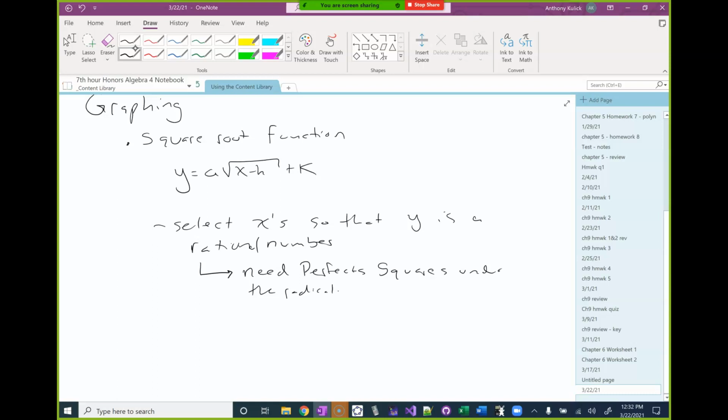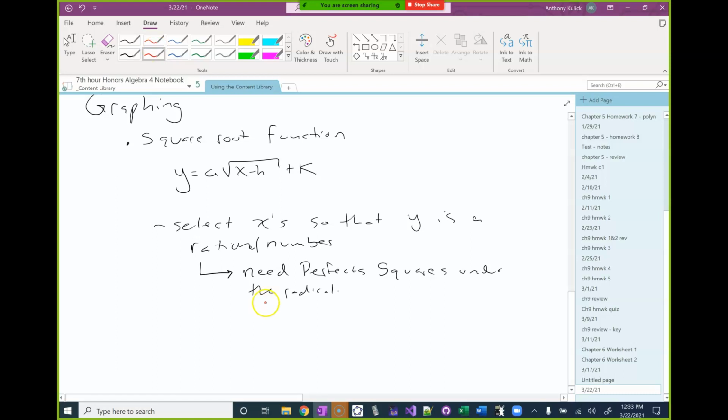Is there a smallest? Yes. What is the smallest perfect square? 4. Nope. 1. Nope. 0 is the smallest perfect square, because 0 squared is 0, right?